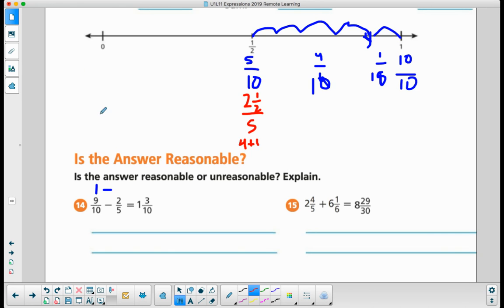I'm thinking down here by 0 is 0/5, right? Well, 2 would be here, and it's only a half a fifth away from a half. 1/2 of a fifth.